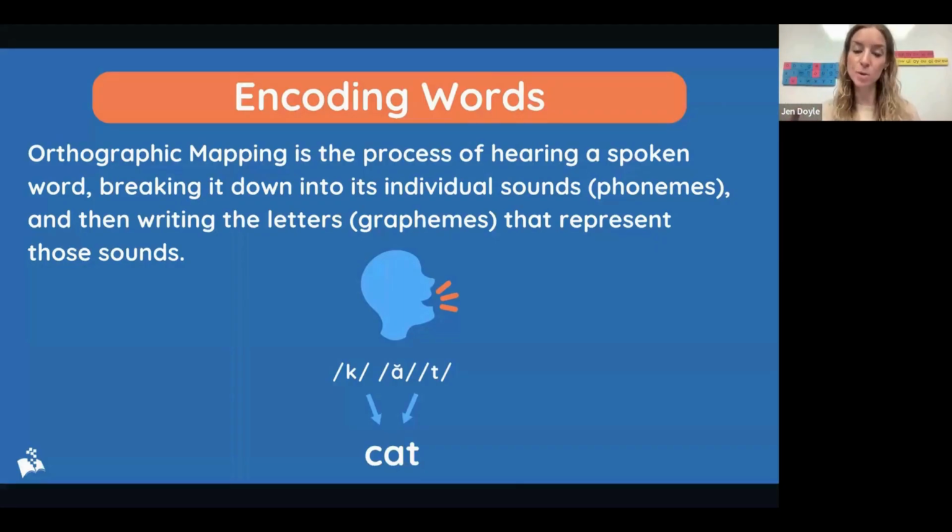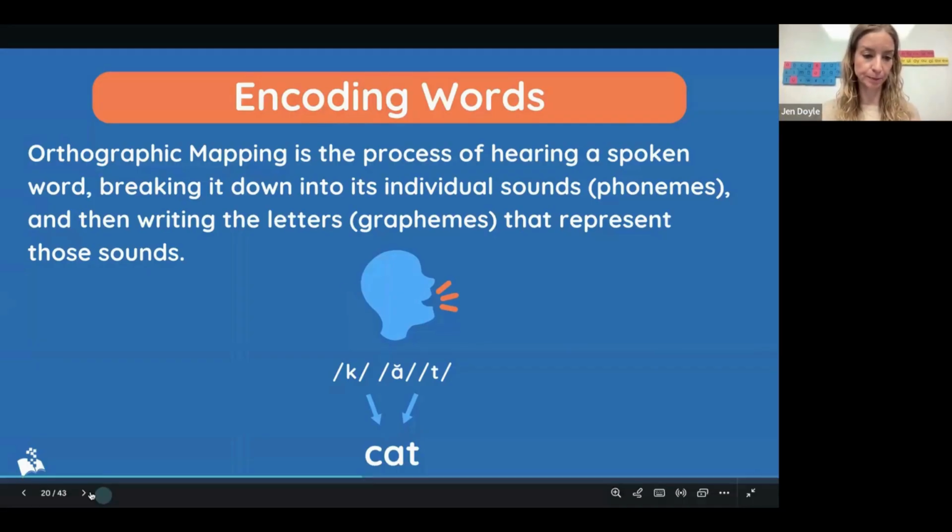So if someone hears the word cat, they're breaking it up into k, a, t, and then attaching the letters C-A-T. Those are the two pieces we'll be focusing in on as you see a lesson in a little bit: decoding words and encoding words.